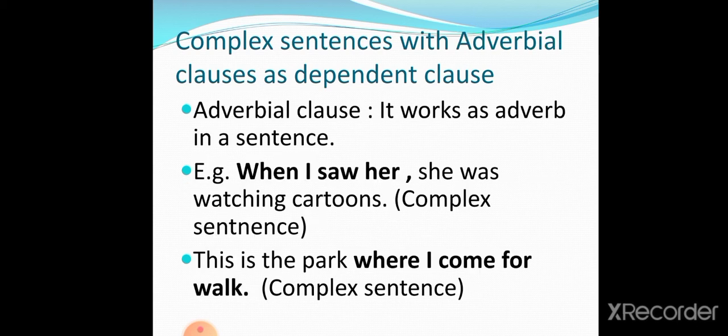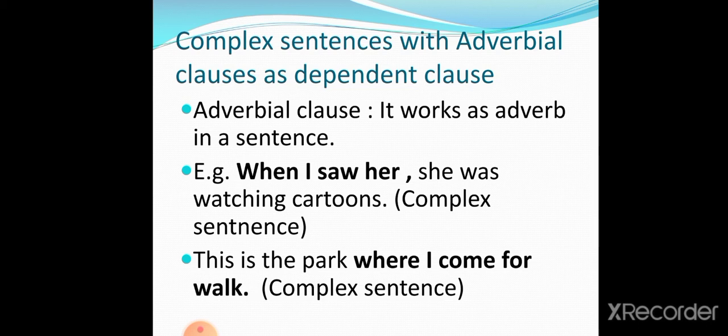Complex sentence with adverbial clause as dependent clause. Now what is an adverbial clause? It works as an adverb in a sentence. And you know an adverb tells you more about an action: when, where, how much, with how much intensity, how many times an action has taken place. The same is the function of the adverbial clause. For example, when I saw her, she was watching cartoon.